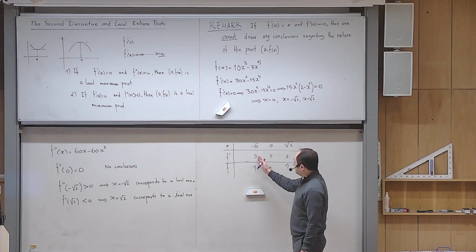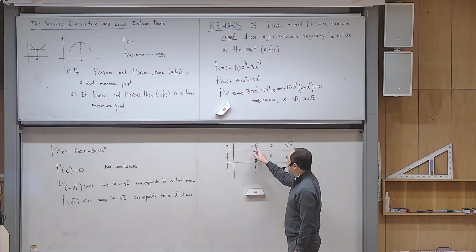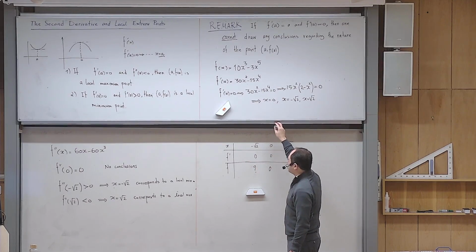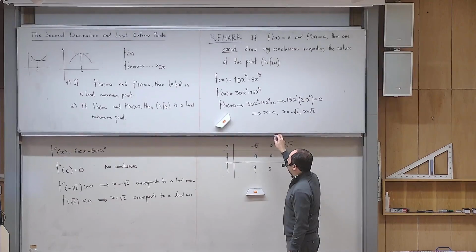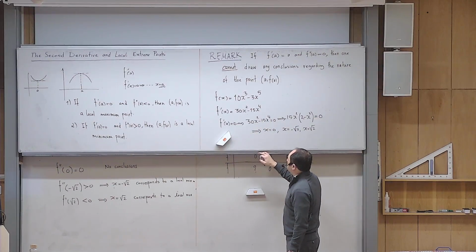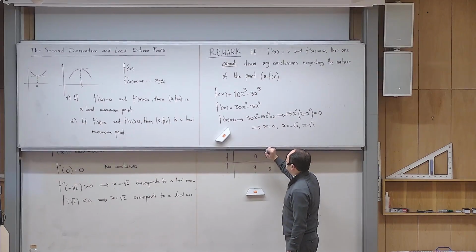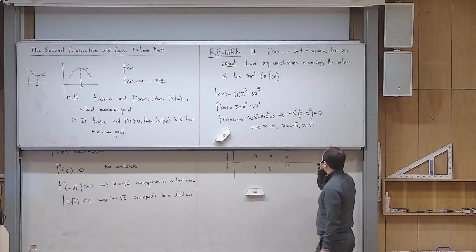So if I want to know the sign of the first derivative, I need to take a random number smaller than minus the square root of 2. So let me put minus 2, and I put minus 2 in this one, okay? So what happens? I want to see if it is positive or negative. So what do you think?